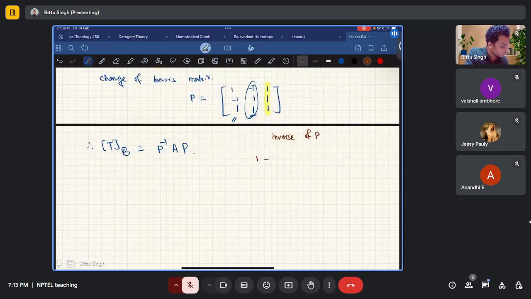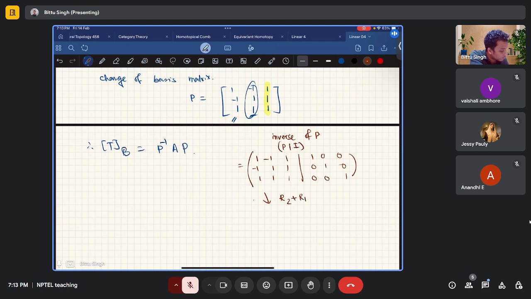It is 1 minus 1 1, minus 1 1 1, 1 1 1, and we put the identity here. So we take the matrix of this from Pi. So it is 1 0 0, 0 1 0, 0 0 1. So we apply row reduction: R2 plus R1 and R3 minus R1.